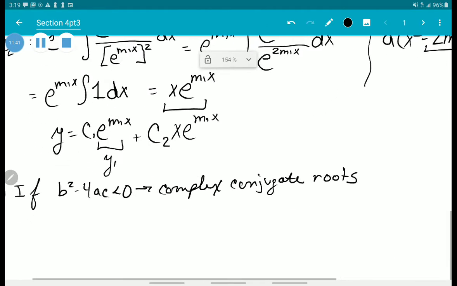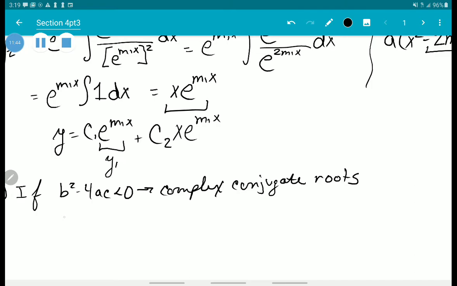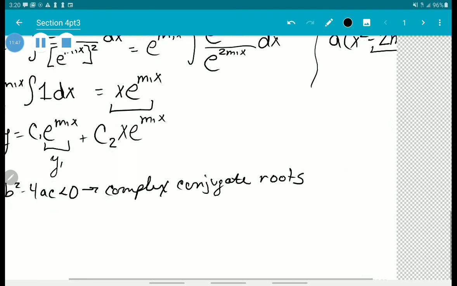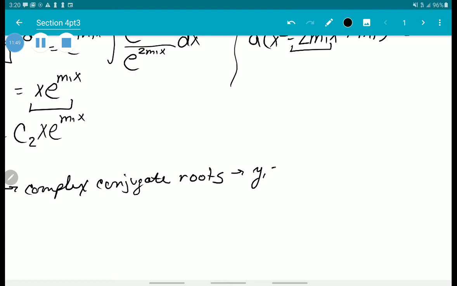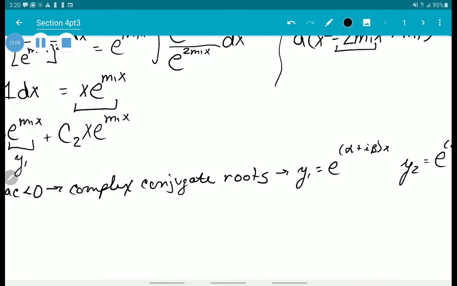So what that means is that our y1, write it over here, would be e to the, and I'm going to use Greek letters alpha and beta, alpha plus i beta times x, and then y2 would be e to the alpha minus i beta times x. So the general solution would be c1 e to the alpha plus i beta times x plus c2 e to the alpha minus i beta times x.